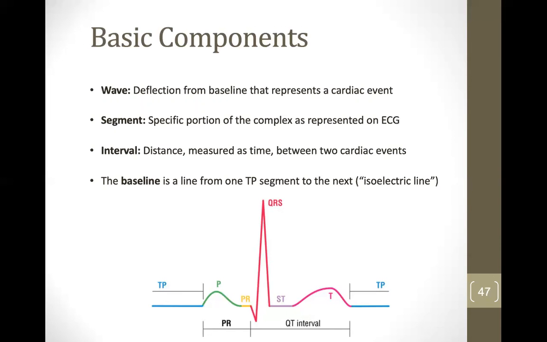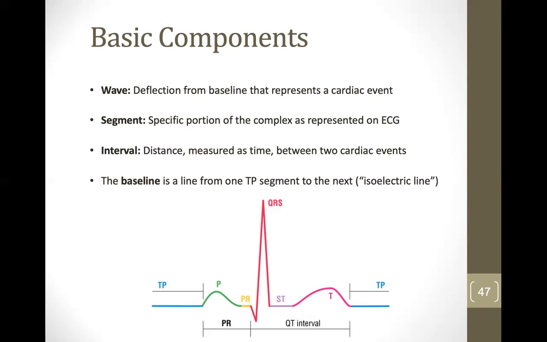So let's define a couple of these different things. A wave, when it comes to an EKG, is any deflection from the baseline that represents some kind of cardiac event. So something has to be happening in the heart, and it's a deflection from the baseline, either going up or going down. That's what a wave is. A segment is just a section of the representation of what's happening in the heart, and it's usually around the baseline level.